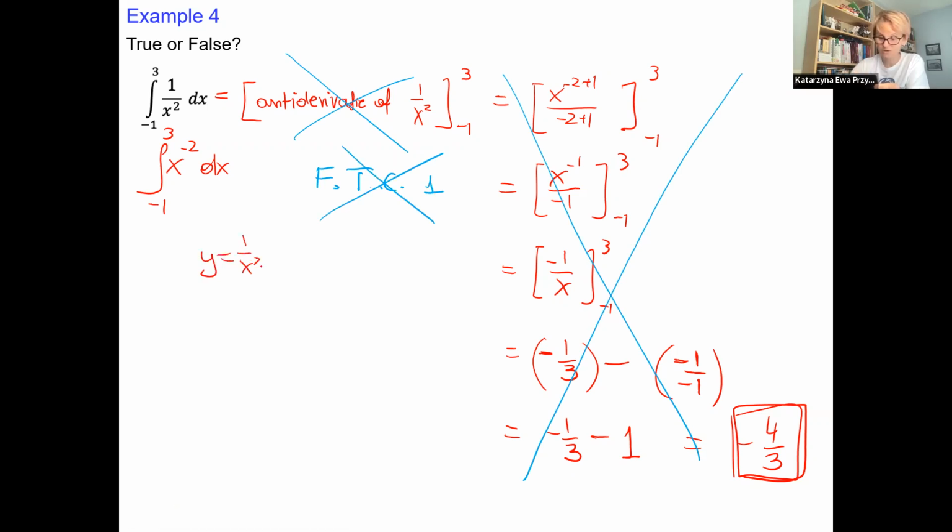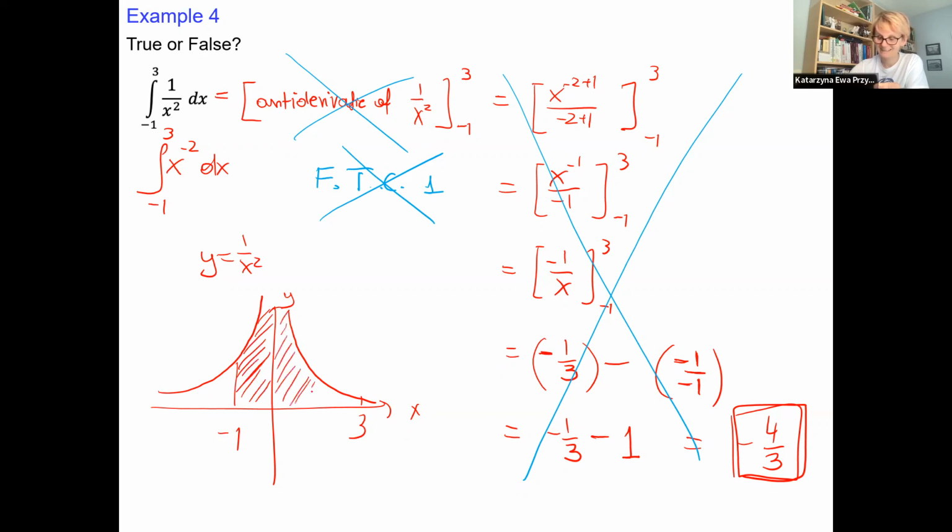The function 1 over x squared is a hyperbola, supposed to be nice and symmetric, between -1 and 3. What is happening?